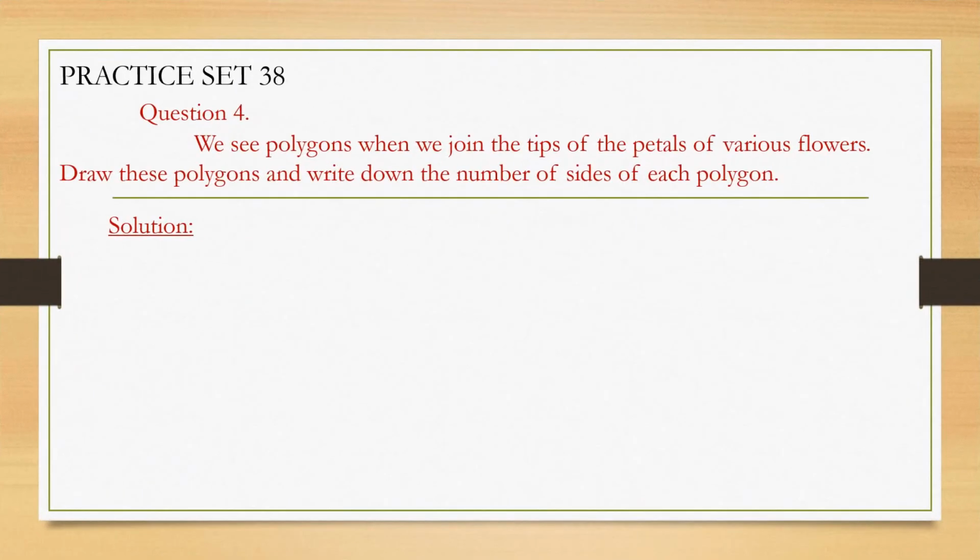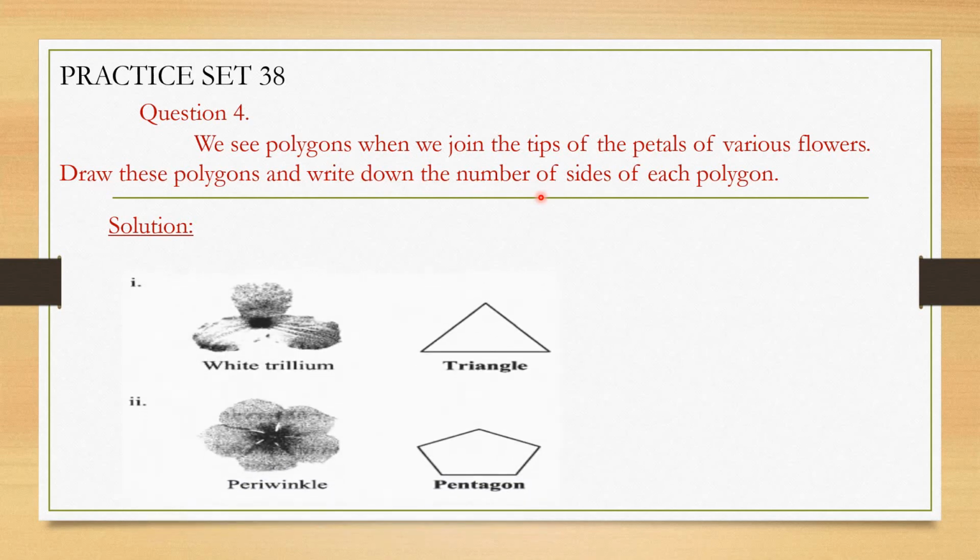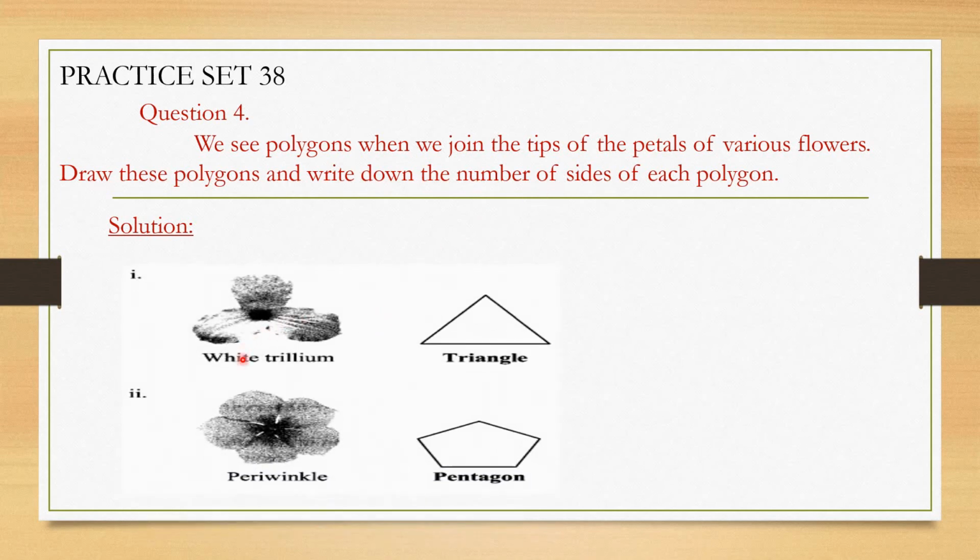We see polygons when we join the tips of the petals of various flowers. Draw these polygons and write down the number of sides of each polygon. The first flower is white trillium, and when we join the tips of these petals, you will get the shape of a triangle. The number of sides of a triangle is 3.